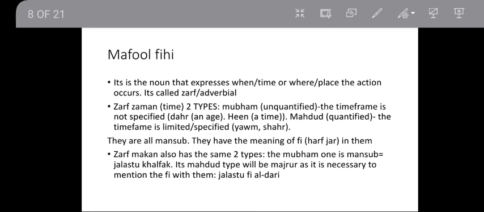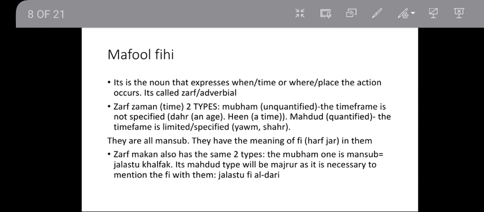Then you have zarf makan, which is also divided into the same two types. One is mubham, and this will be mansub. So we said mubham means unrestricted. This means that I am explaining that the verb took place in a place which isn't specific. It's not qualified or defined. So if I said "I sat behind you" in English, in Arabic it's jalastu khalfaka.